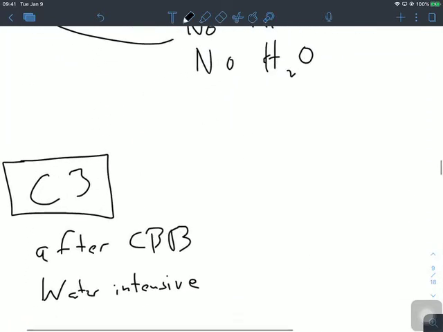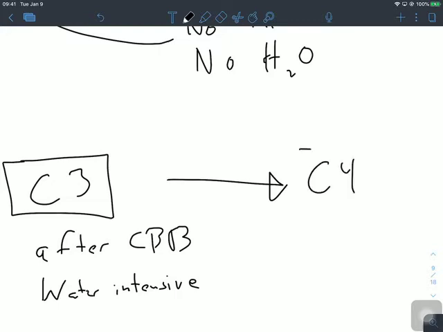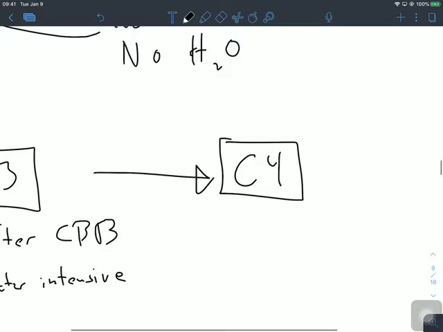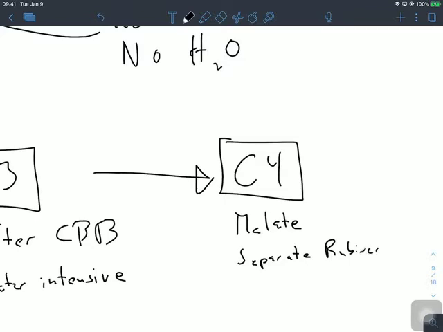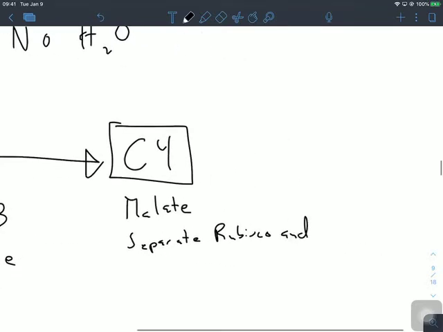It's fairly water intensive. There's a different way called C4 photosynthesis that uses a 4-carbon molecule called malate in order to keep rubisco separate from oxygen. And we're going to look at the leaf anatomy of some of these plants in this class, in the lab portion of the class.